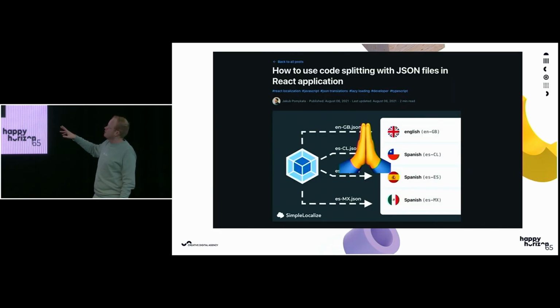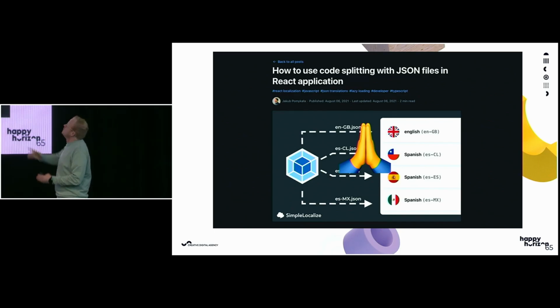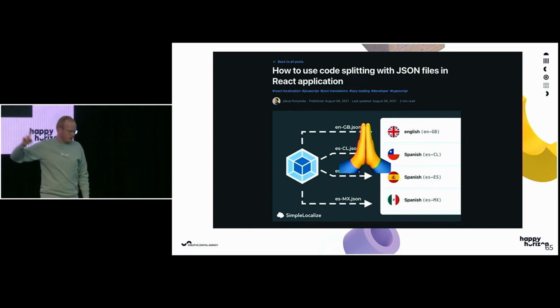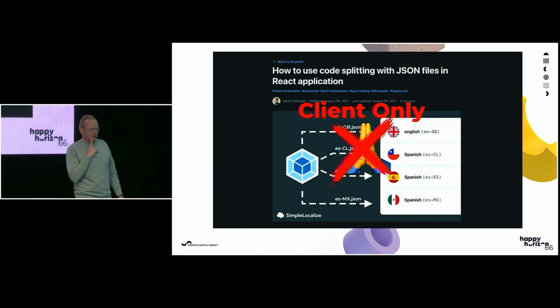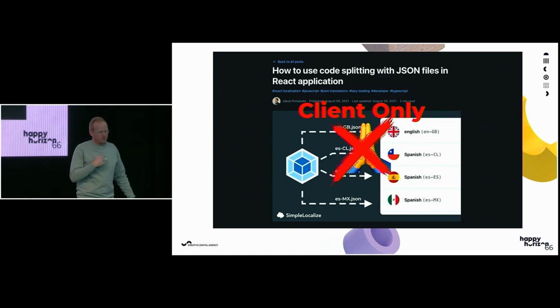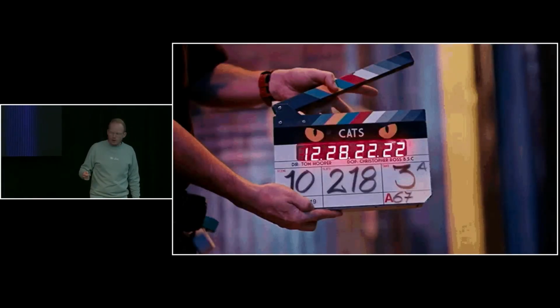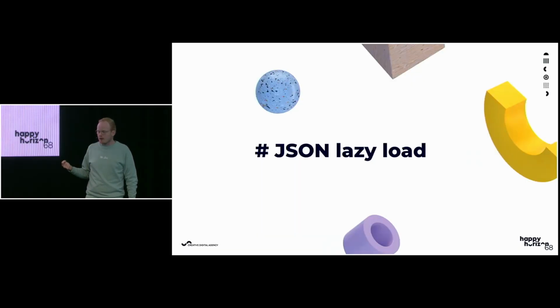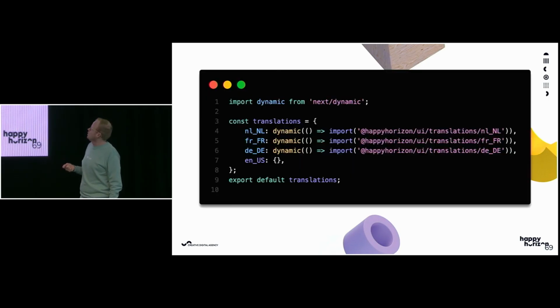And then I started Googling, and I found something, thank you. It's from 2021. But actually, it's only client-side, so it's not working for me, because I also have data I have to translate on the server. So after a couple of takes, I found a hacky method to do some kind of lazy load for JSON, which looks like this.